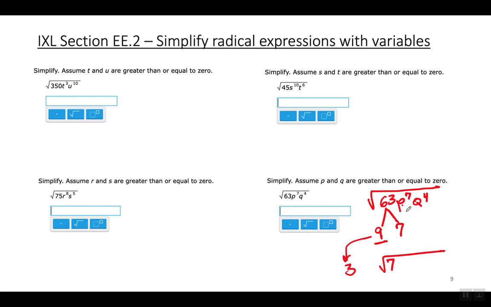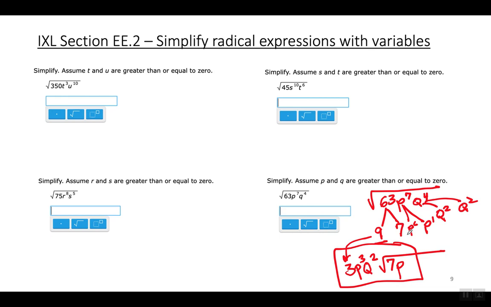P to the 7th power, I could break it up into p to the 6th power times p to the 1st power. The square root of p to the 6th power is p to the 3rd power, and this p to the 1st power stays underneath the radical sign. And then q to the 4th power, I could break it up into q squared times q squared. So that means that the square root of q to the 4th power is q to the 2nd power. And there's my simplified answer.